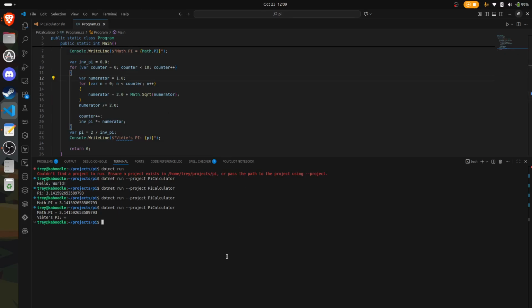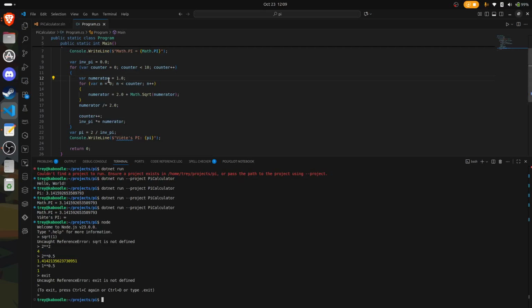Square root of 1 is 1, right? Yeah, square root of 1 is 1. Let's start this at 1, and then on the first iteration of the loop, it'll be 2 plus, well, 1.